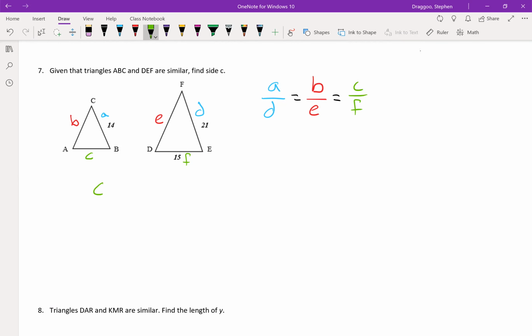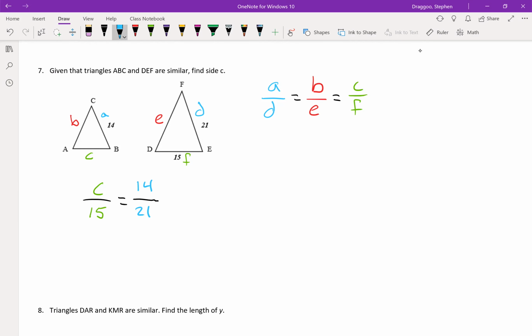So C divided by 15 must be equal to 14 divided by 21. And hang on, let's make sure we label these right. And we got it right. 14 divided by 21.